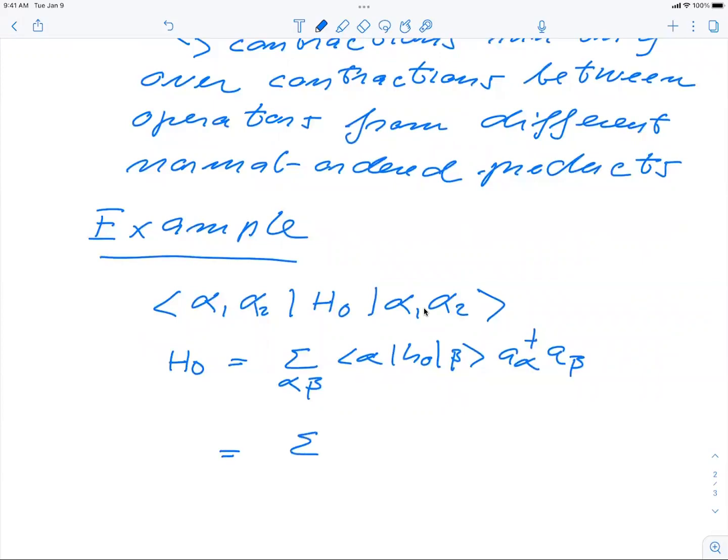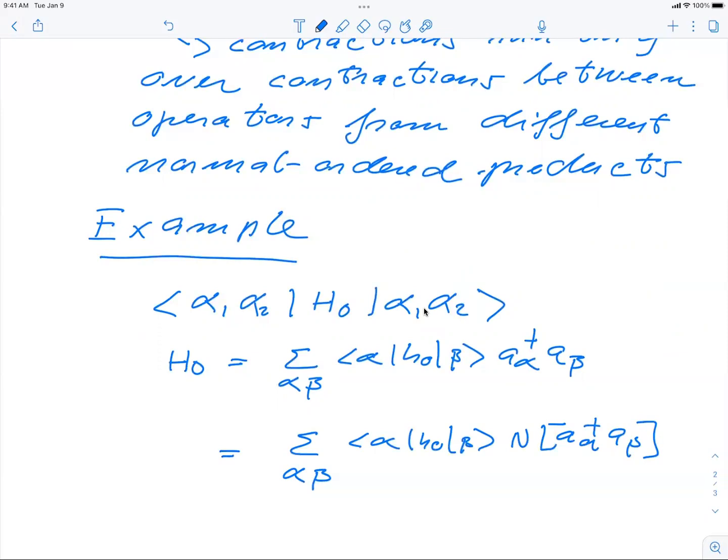But you could have written that, if you want to use a normal ordered notation, as the normal ordered operator A alpha dagger, A beta. So this is actually not the same as when we calculate the expectation value. So normally people would use a slightly different symbol for that, but I hope this is not to be misunderstood.